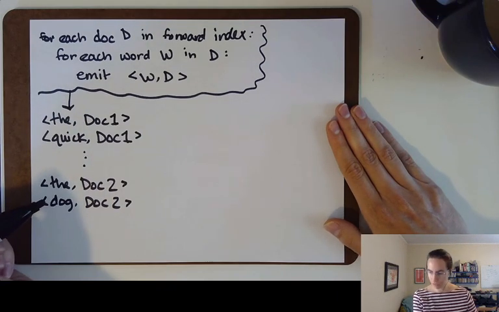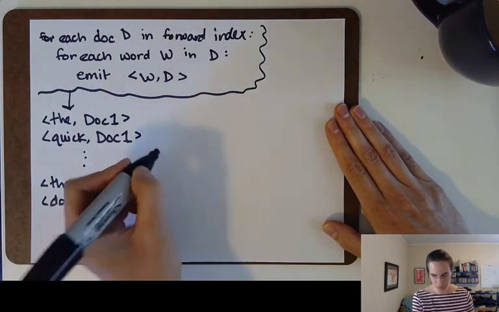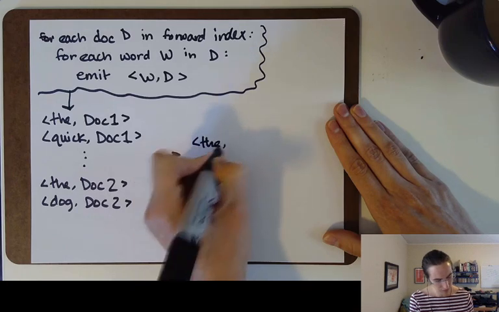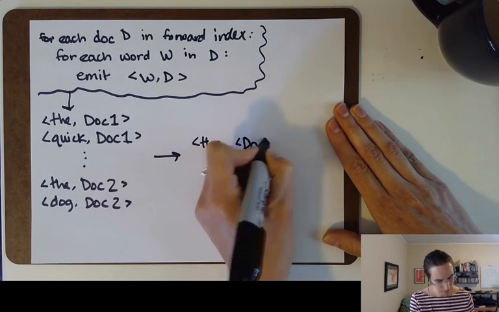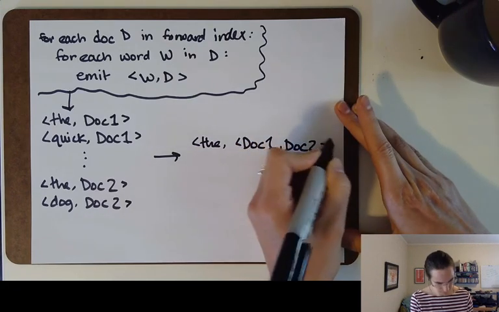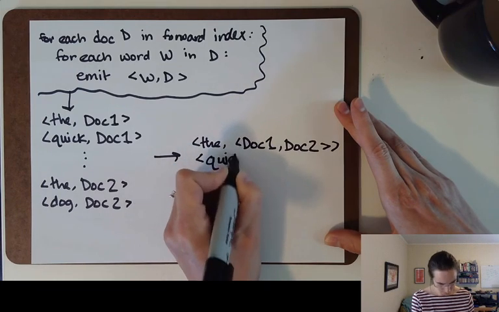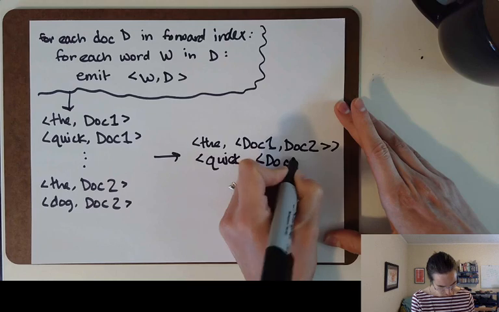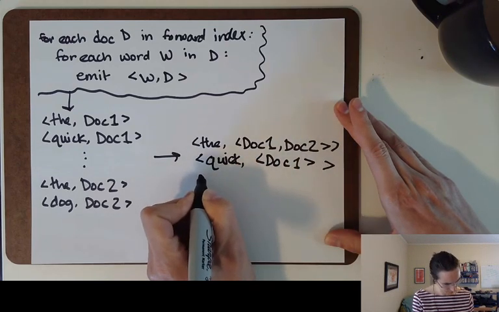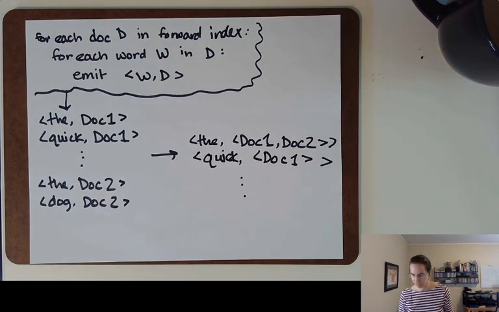So now all you have to do is make it so the keys are unique and squash down their values to a list of values. So you want this to turn into something like this. And so on. And then we have our inverted index.